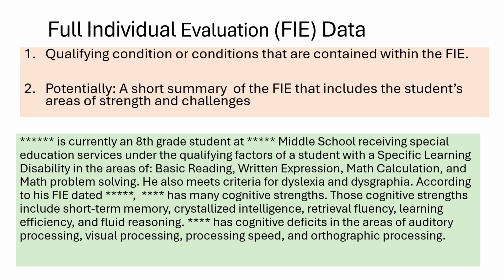According to his FIE dated, and that's important. The date of the FIE is important because every 3 years, students qualify for a reevaluation. Of course, you can always ask for a reevaluation to be done with good premise for the committee.